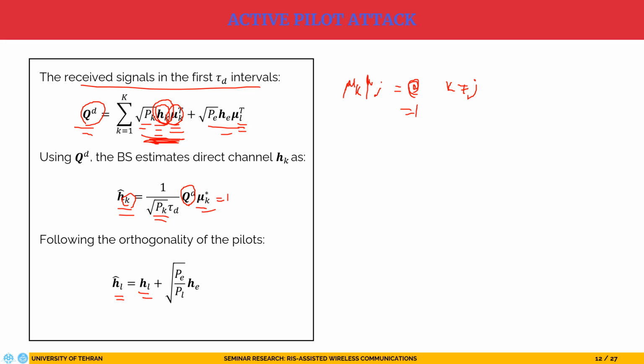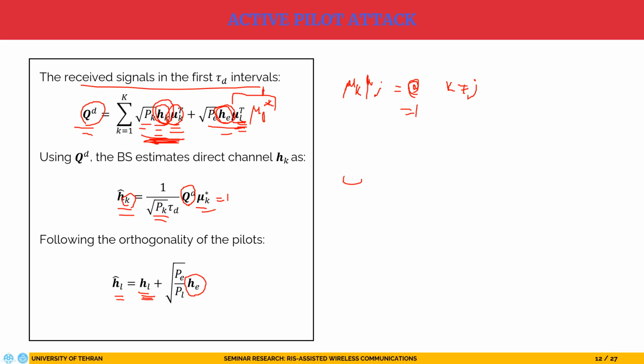But here we are working with user L, and the active eavesdropper is attacking user L as the pilot of the user L. So by multiplying mu L here, this term would be equal to 1, and another term, HE, which is the channel of the active eavesdropper, by some coefficients, is added to the estimated channel.